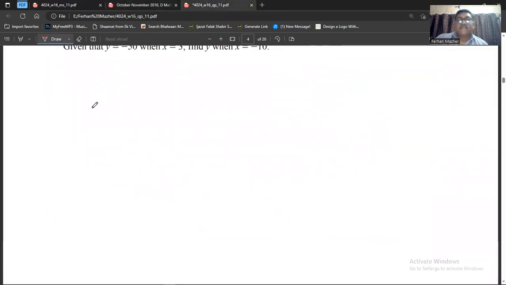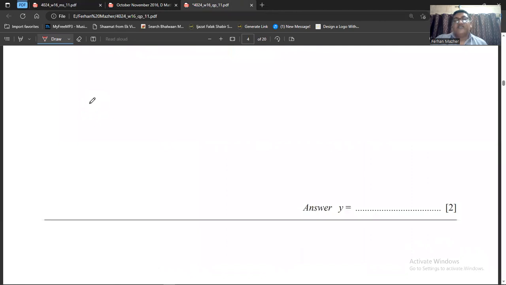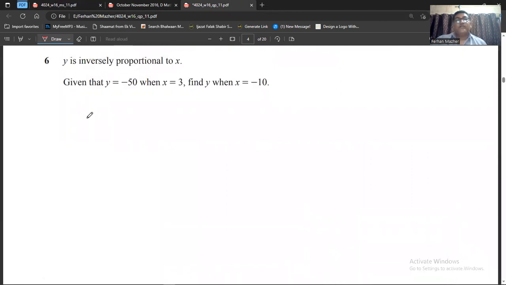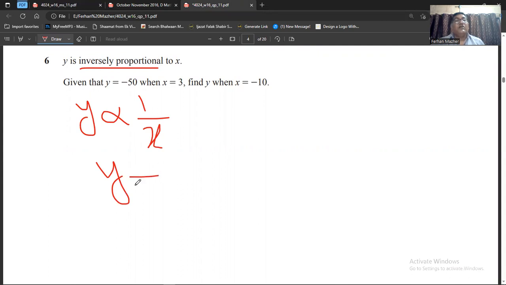Question number 6, and it is a 2 marks question. And here we go. Y is inversely proportional to X. Given that, the important thing is inversely proportional to X. So whenever something is inversely proportional, we will write it like this: y is equal to k by x.